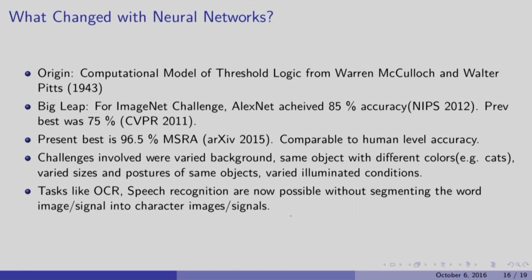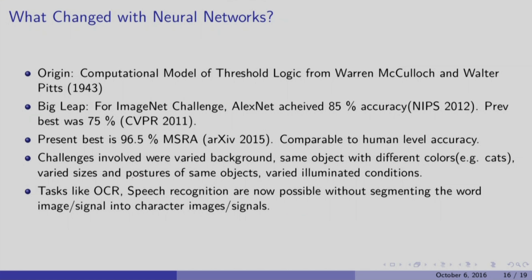What changed with neural networks over time? The origin of neural networks can be attributed to the computational model of threshold logic, in 1943 by Warren McCulloch and Walter Pitts. For a long time there was some kind of saturation in results obtained for tasks such as ImageNet using neural networks.